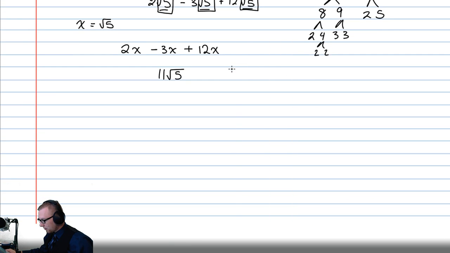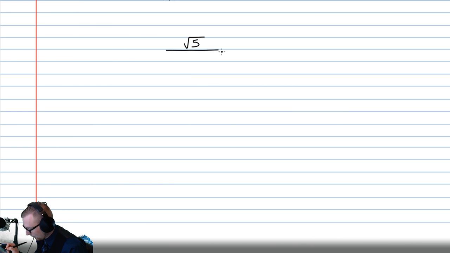Okay, what about rationalizing a denominator? I don't recognize it by the name. That's okay. I'll do a simpler one to start with.